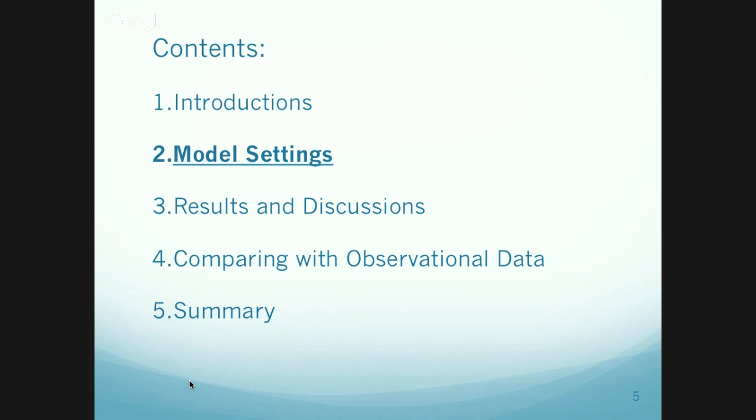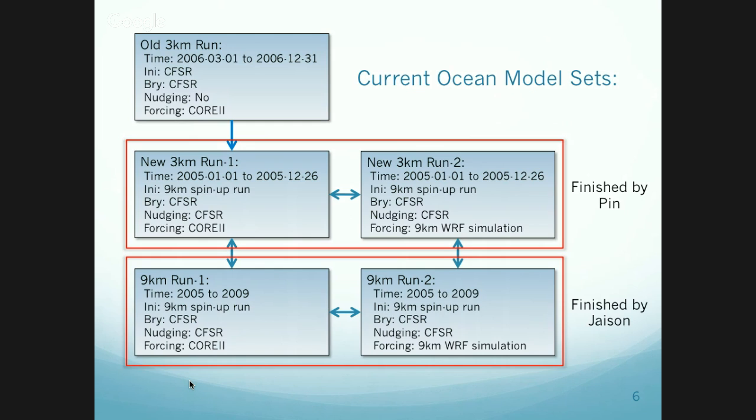Here I'll talk about my new runs. We basically have four new runs, and these two 3-kilometer runs are made by me, and the 9-kilometer runs are made by Jason. Thank you, Jason. This one is my old 3-kilometer run, and the time is different from these ones.